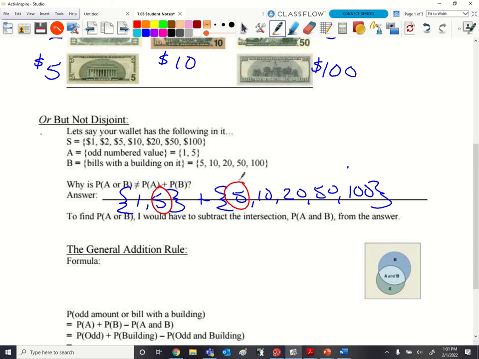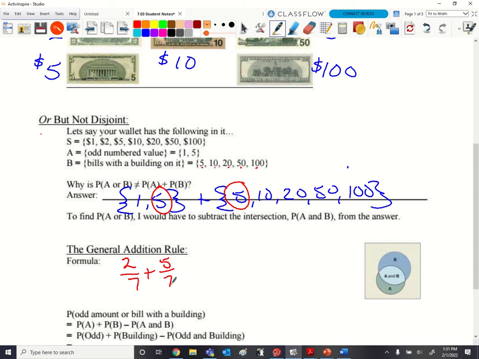So what we would do is add them together like this. P of A would be 1, 5. How many are in this one? 2 out of 5, right? Actually, is there 5 or is there 7? 1, 2, 3, 4, 5, 6, 7. 2 out of 7. Plus the next one, which was 1, 2, 3, 4, 5, so 5 out of 7.